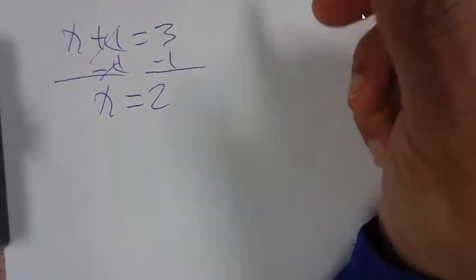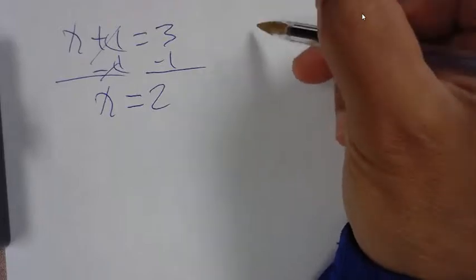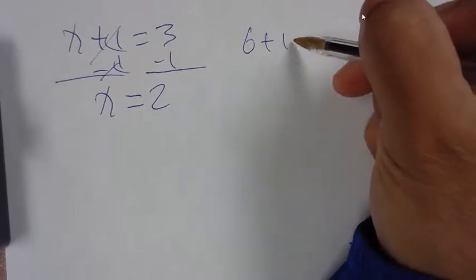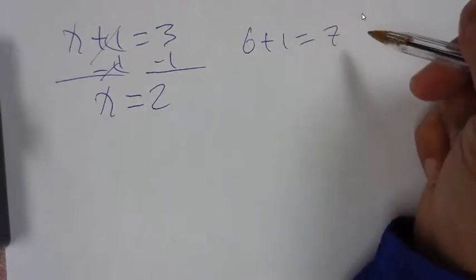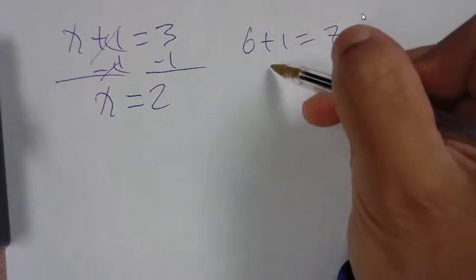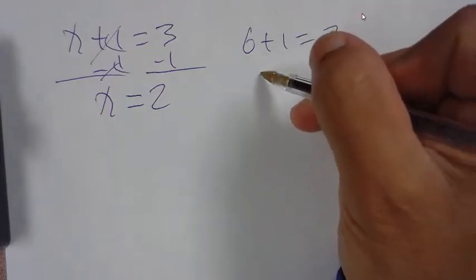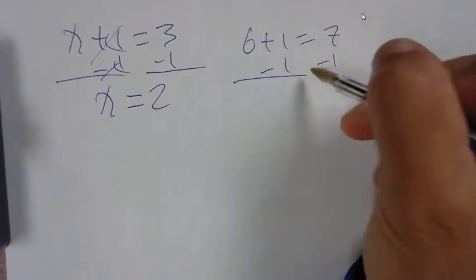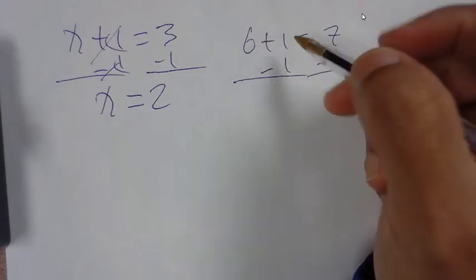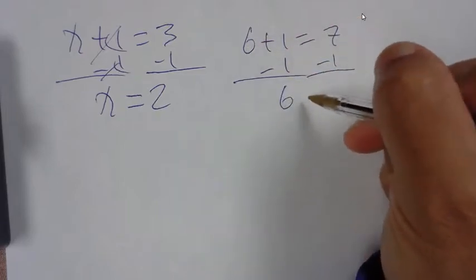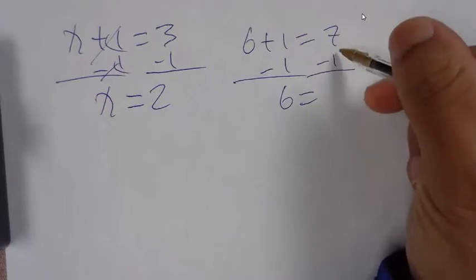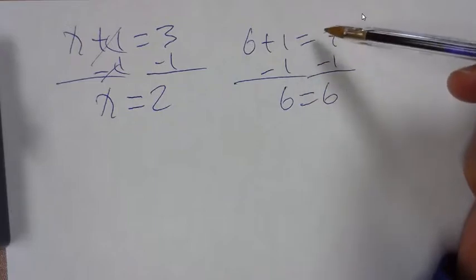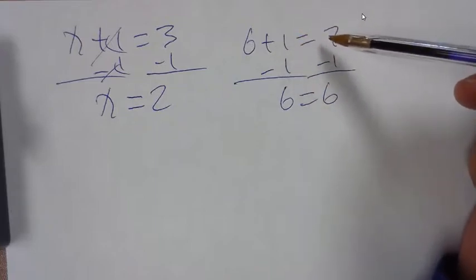Let me show you a different example here. For example, 6 plus 1 equals 7. Well, if I subtract 1 from both sides, I get different equations. The equation is not 7 equals 7 anymore.